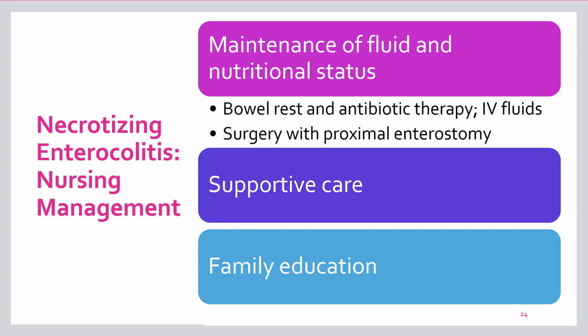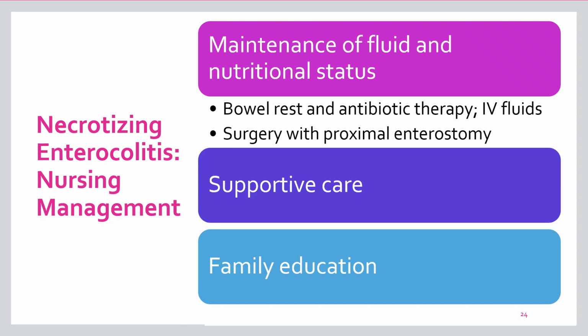Nursing management here: maintenance of fluid and nutritional status, bowel rest and antibiotic therapy. IV fluids are also needed. The baby may not be able to feed properly, so give IV fluids to keep them hydrated. Surgery with proximal enterostomy may be needed.